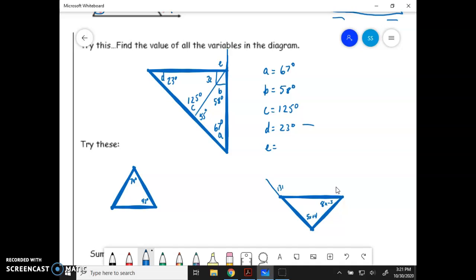If I recognize that D and A are the remote interior angles, if I add them up, that will equal E. So add up 67 and 23, and we get 90 degrees, which should make sense, seeing how on this side we have 90 degrees here. This should also be 90 degrees because they form a straight line.